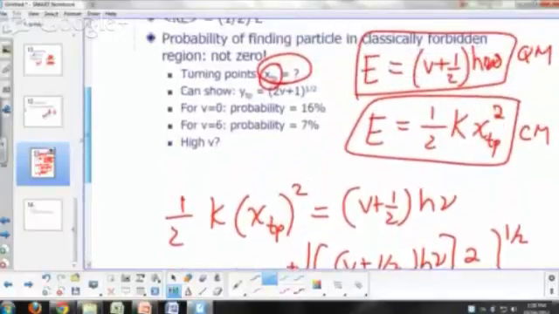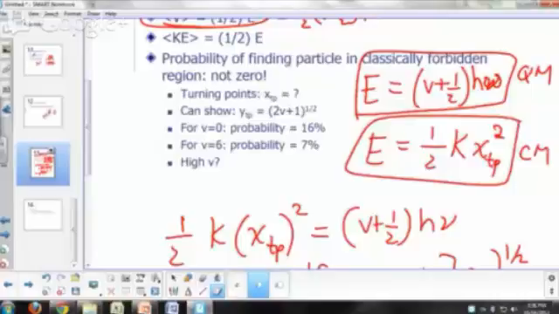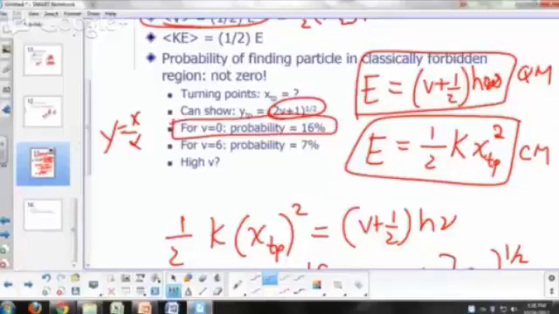And what you'll find, you can show that the value of y at the classical turning point, what did we say y was? That was just x over alpha, right? It can be shown that that turning point is just the square root of 2v plus 1. And for v equals 0, if you did the integration, you'll find that beyond the classical turning points, the probability of finding the particle is 16%.